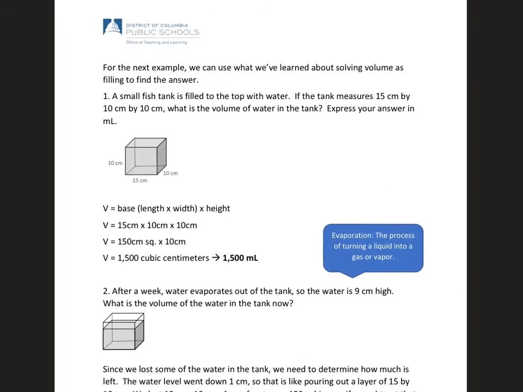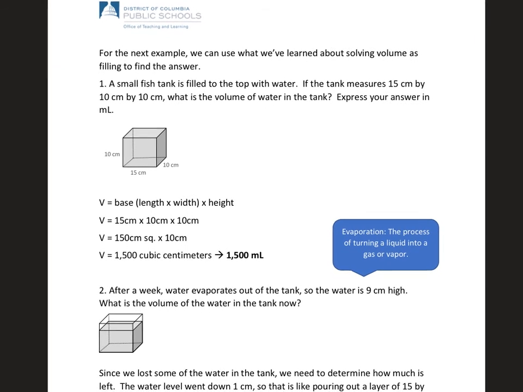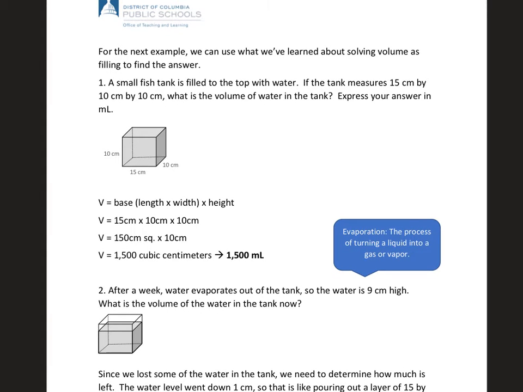Looking here, it says for the next example, we can use what we've learned about solving volume. So here I have this fish tank, and they're saying the length is 15 centimeters, the width is 10 centimeters, and the height is 10 centimeters. To find the volume, they multiplied the length times the width times the height, and they found out that the volume of this fish tank is 1,500 cubic centimeters.